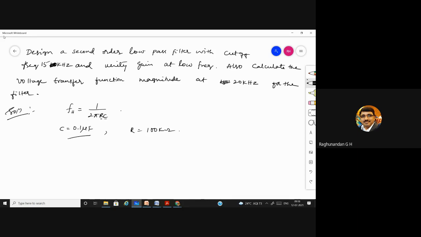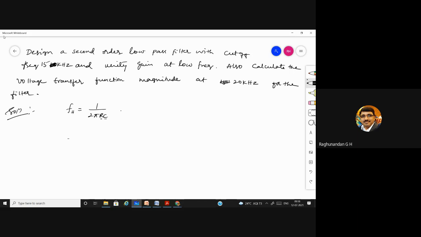Any one you can choose, and based upon that, the other will be obtained. That is left to you. In the book, I have chosen R value because the standard procedure of the design tells R1 can be equal to 100 kilo ohm. So that's why we can directly use 100 kilo ohm.